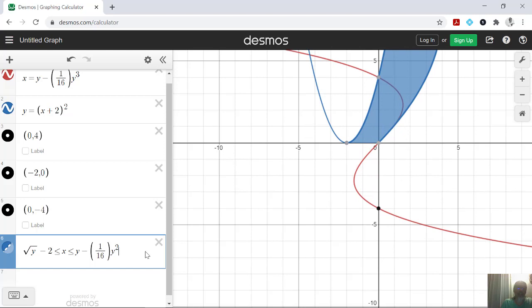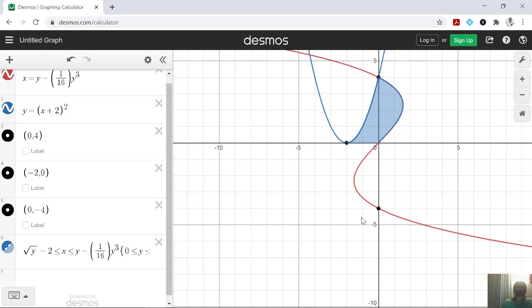But if we tack on here in curly brackets our limits for the y value, 0 less than or equal to y less than or equal to 4, and close that. Oh, this should be y cubed, sorry. There you go. Now we see that we got this first part of our drawing.